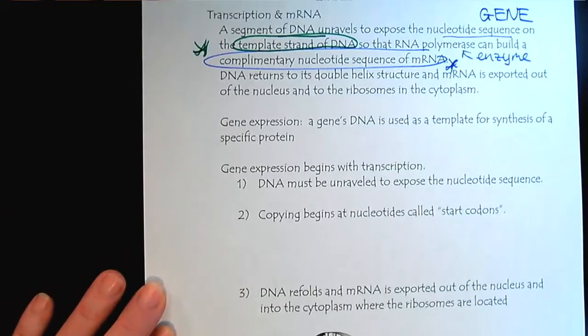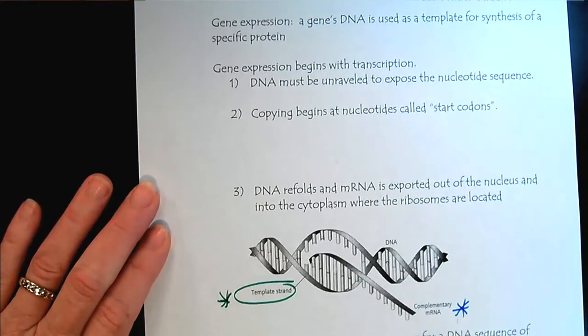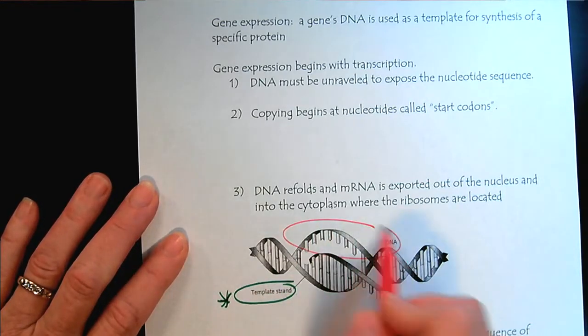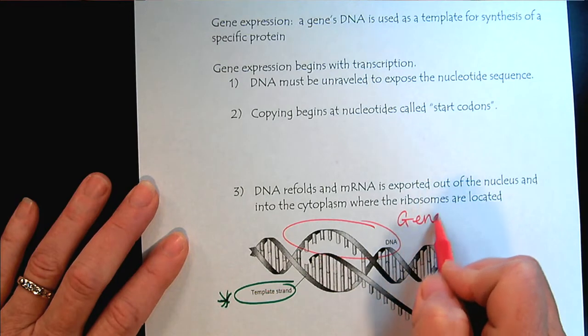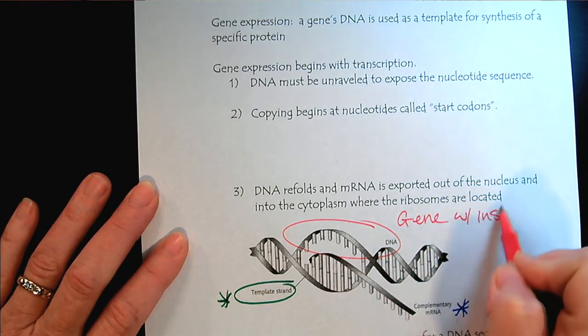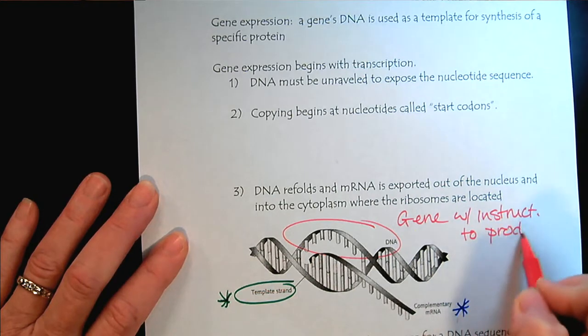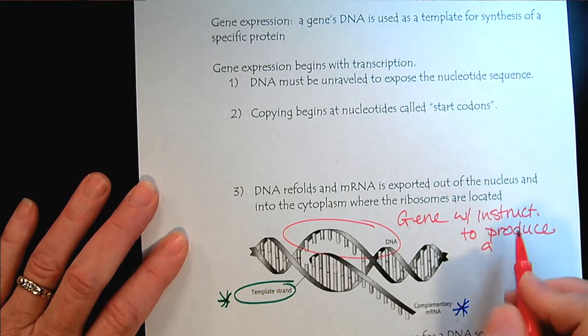So there's our complementary strand of messenger RNA. And so we could think of this part right here as where we have the gene with instructions to produce a protein.